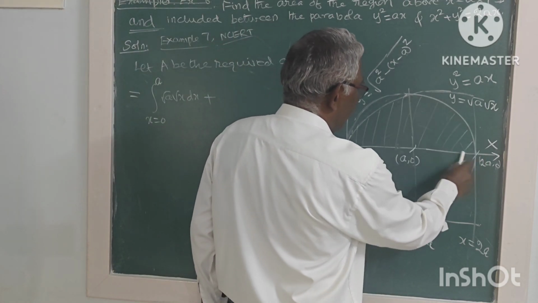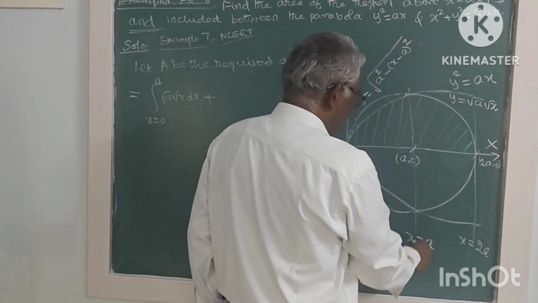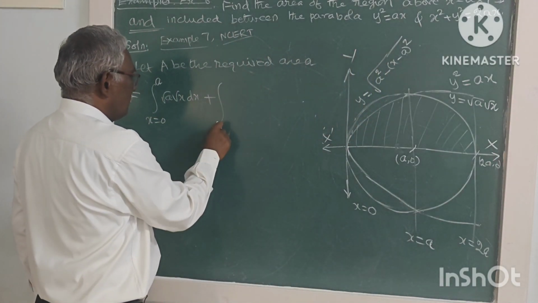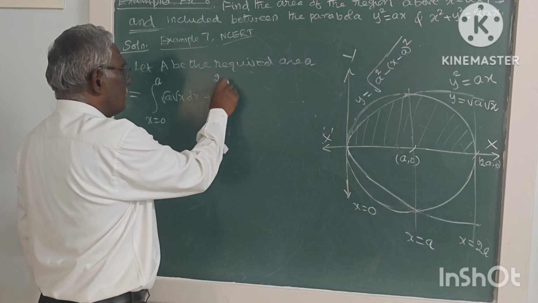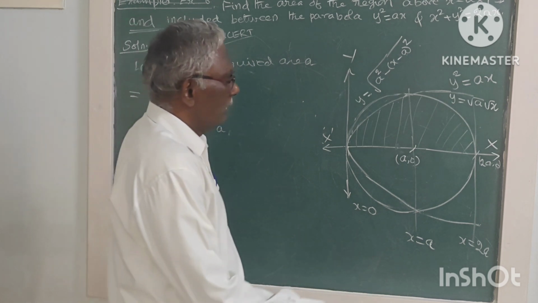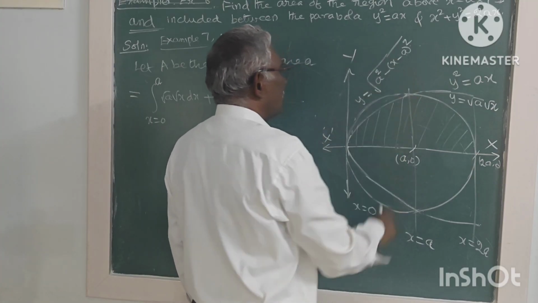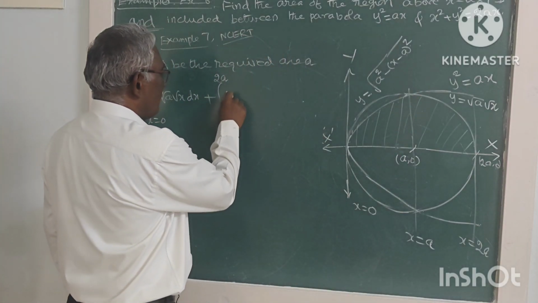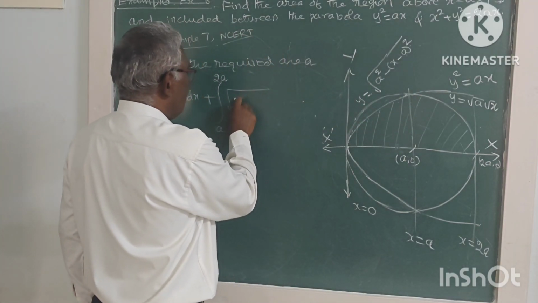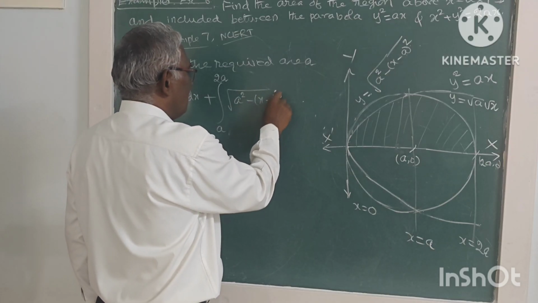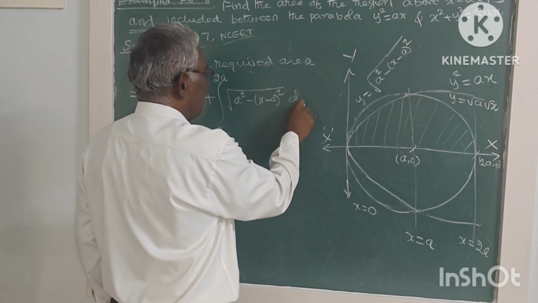To find the area of this one, x is a, x is 2a. This is part of circle. So take equation of circle, y is equal to square root of a square minus (x minus a) whole square, dx.